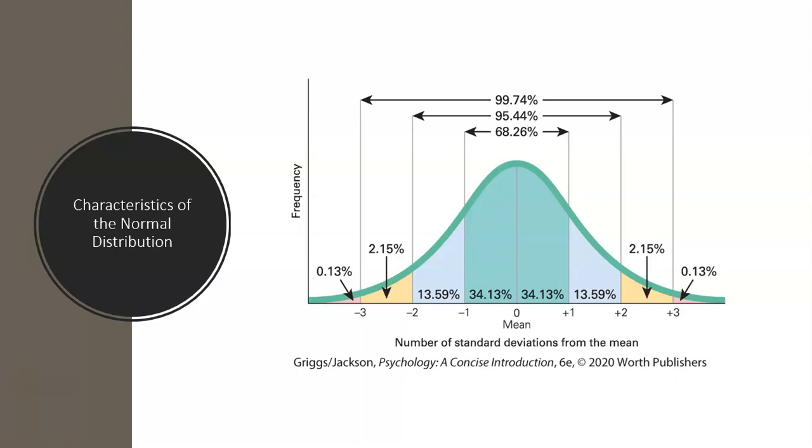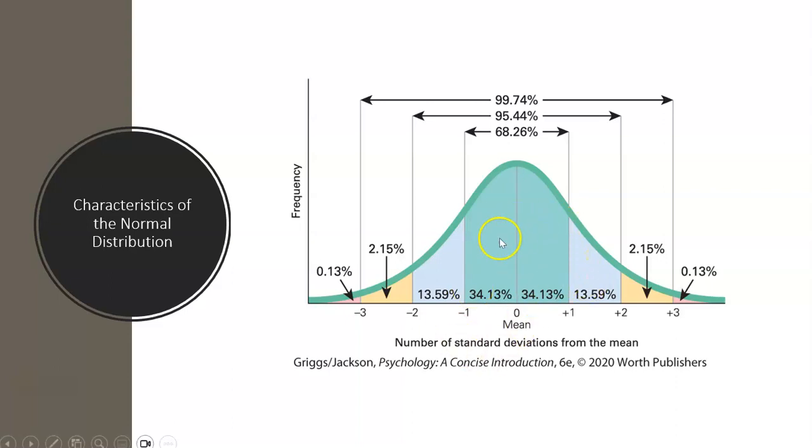In addition, in a normal distribution, about 68% of the scores are going to fall within one standard deviation of the mean. So on the graphic here, you've got +1, -1, the 1s, 2s, 3s on this graphic, whether they're positive or negative, represent a standardized distance away from the mean, and we refer to that as a standard deviation.